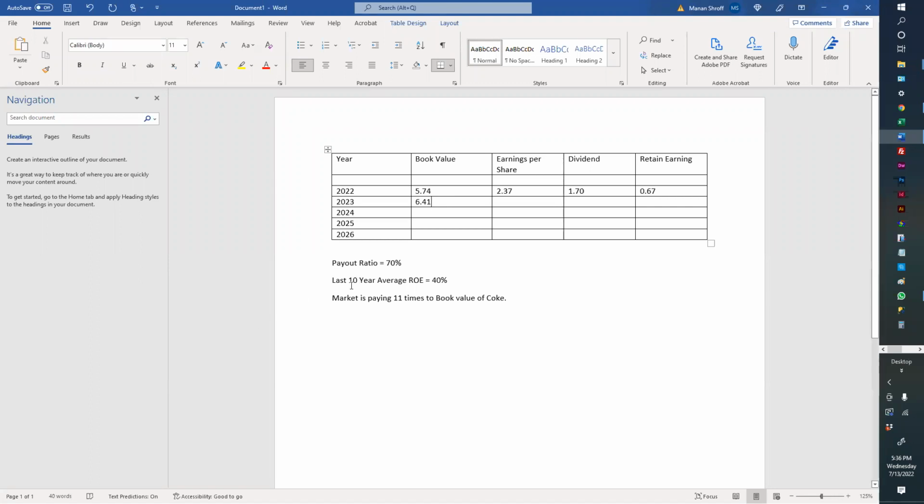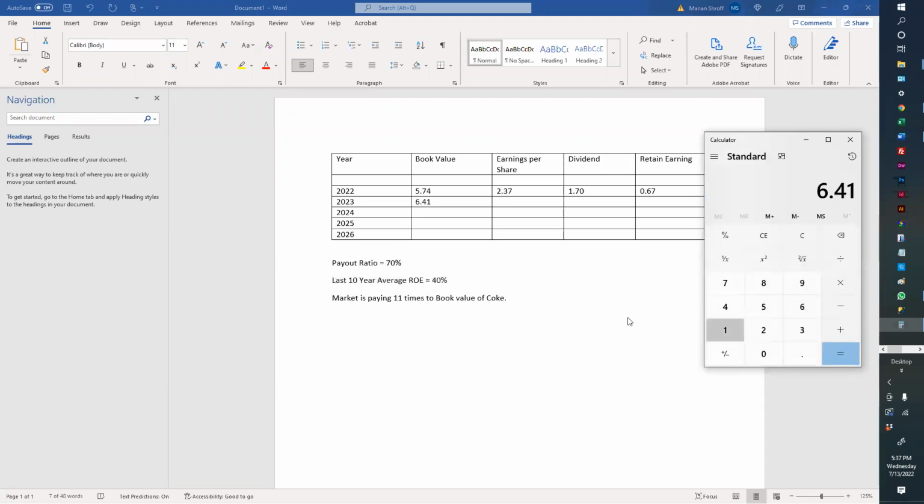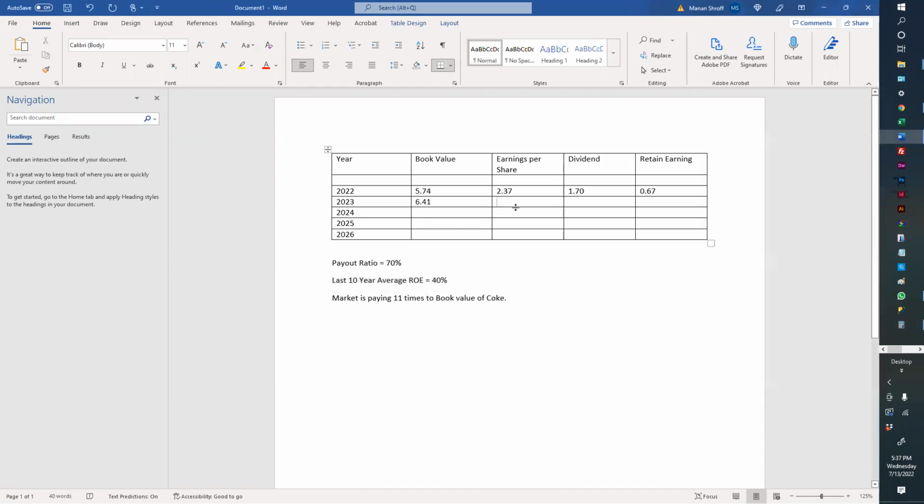Now Coca-Cola, as we said, the last 10-year return on equity was 40%. So we can predict how much Coca-Cola will make in 2023. It's going to make 40% of this new book value, which is $2.56.